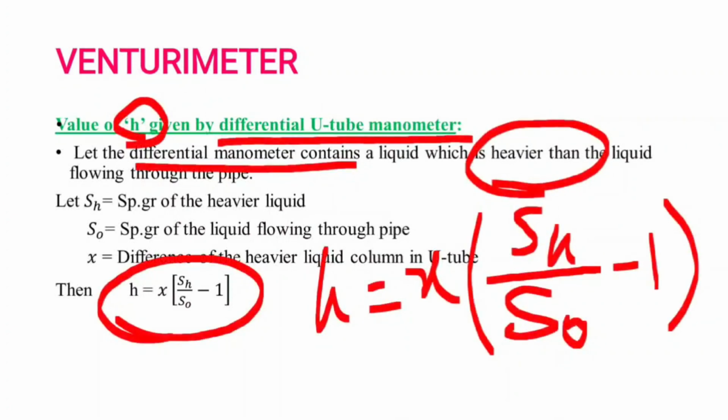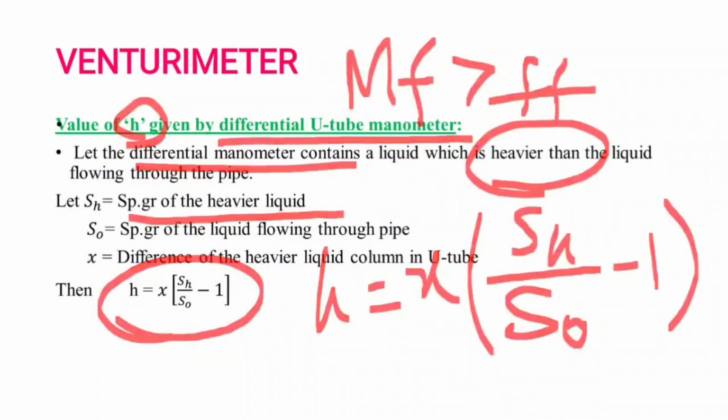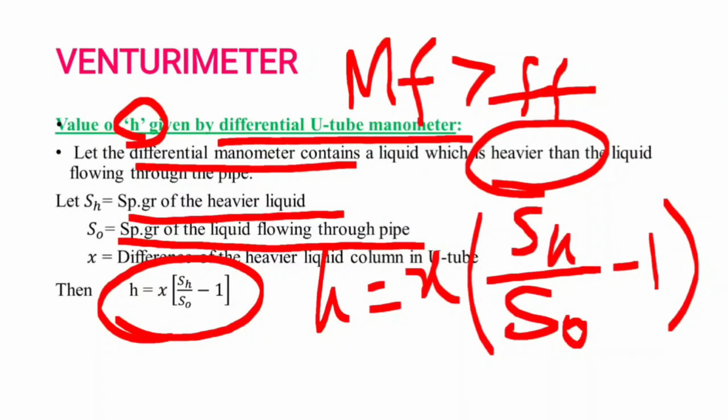This is the formula to determine the H value when the manometric fluid density is more than the flowing fluid. SH is the specific gravity of the heavier liquid, S0 is the specific gravity of the flowing liquid, x is the difference of heavier liquid column in U-tube.